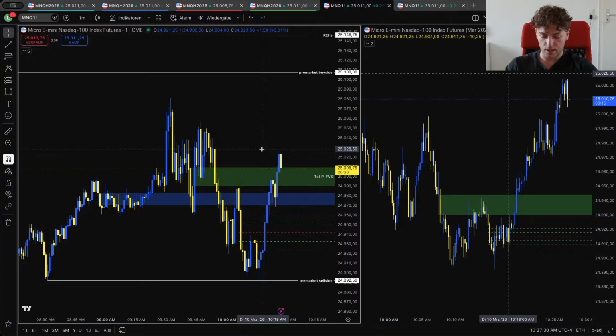MNQ must respect the lower half of 944 first percent fair value gap now to maintain bullish order flow. Okay, whatever.